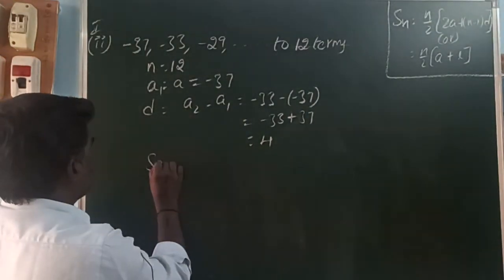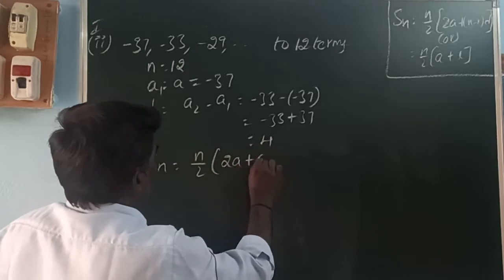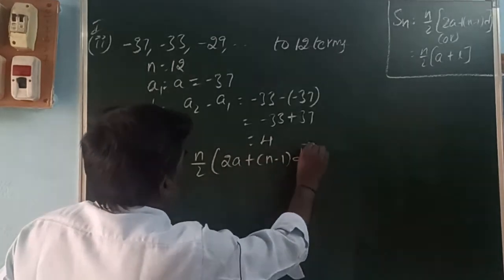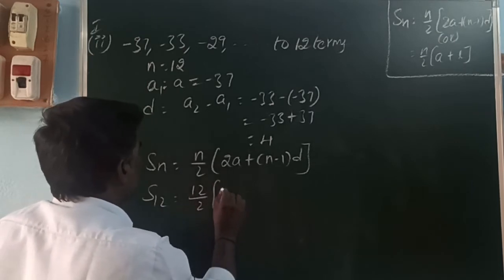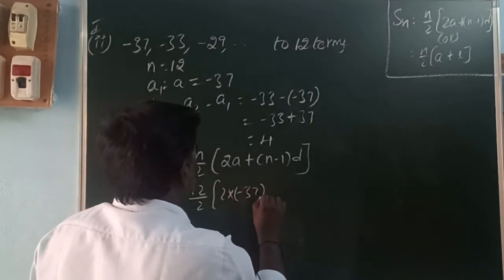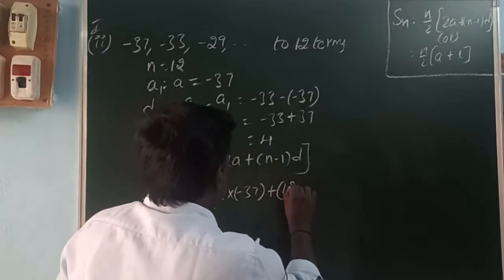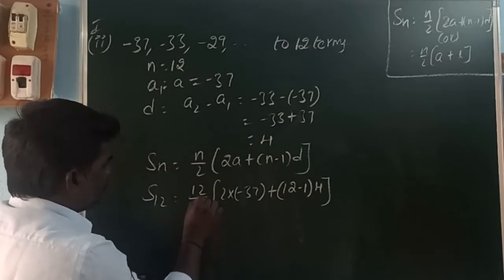So they are asking for the sum of 12 terms. You can use the formula Sn is equal to n by 2 of 2a plus (n minus 1) into d. So here S12 is equal to 12 by 2 of 2 into a, which is minus 37, plus (12 minus 1) into d, which is 4. So 2 ones are 2, 6.